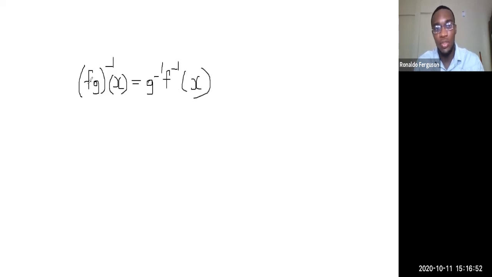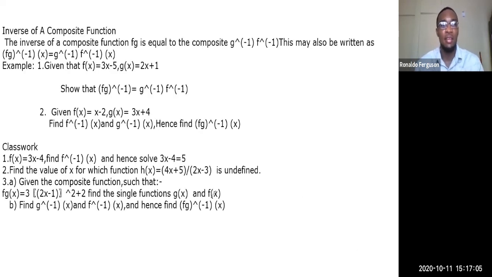So to find the inverse of the composite function, we have to find the inverse of f and put it into the inverse of g. That's how we find it. Alright? That's it. So here it is, fg to the minus 1 is g to the minus 1, f to the minus 1. So you put f to the minus 1 into g.